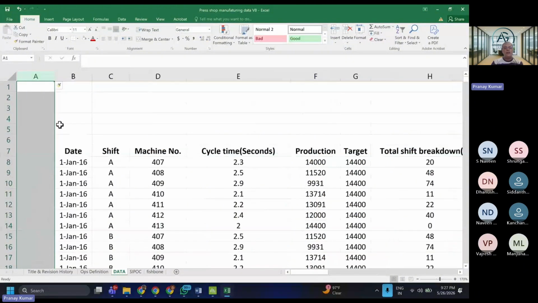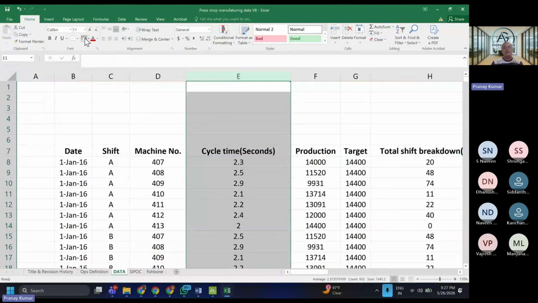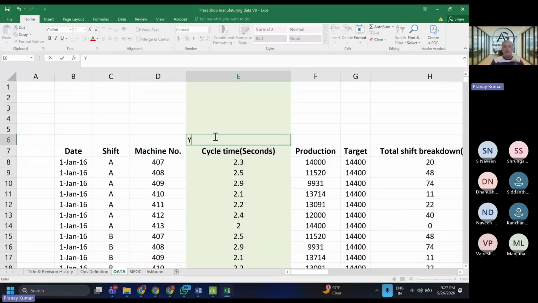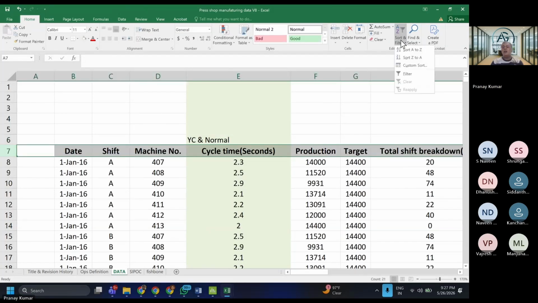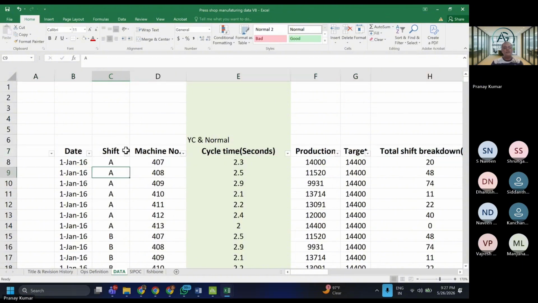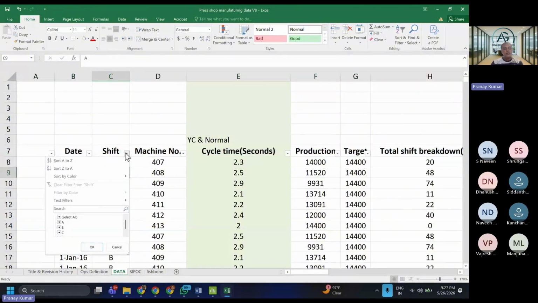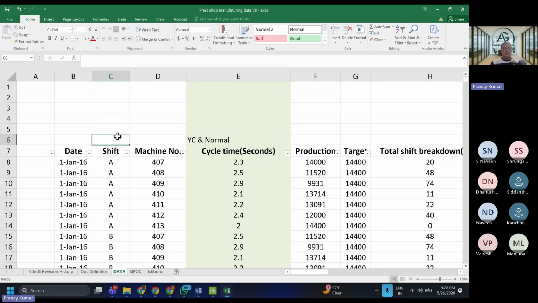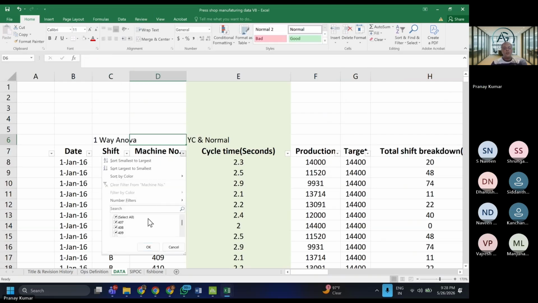Again, I am assuming that my project Y, cycle time, is continuous and normal data. Only then can we do the mean test. I'm now adding the filter. Shift: how many subgroups do you see? Greater than 2, so one way ANOVA. Machine number, much more than 2, again one way ANOVA.